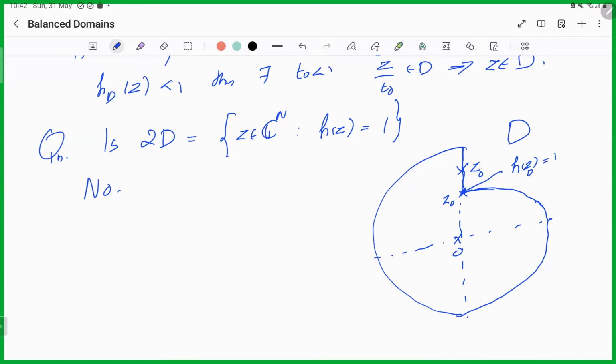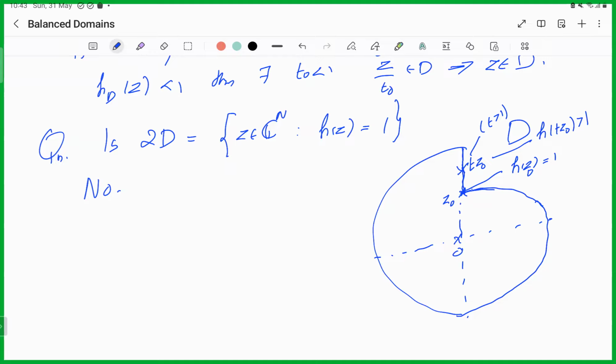But I take this one: this point dilated by t, into the node, t is greater than 1, some t greater than 1. Here H of t times the node is greater than 1, not equal to 1. So the boundary D is not exactly equal to H equal to 1.